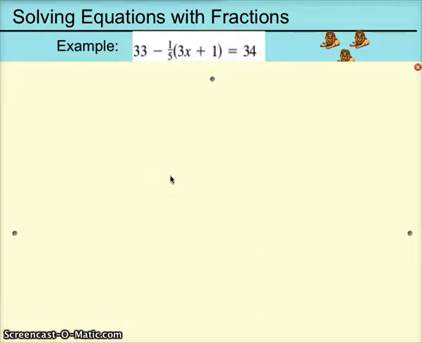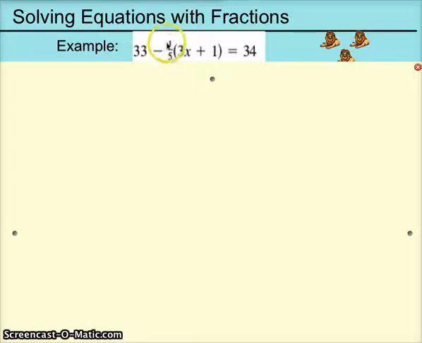33 minus 1/5 times the quantity 3x plus 1 equals 34. Just like on the last slide, the first thing we want to do is distribute the negative 1/5. When you multiply fractions, you just go straight across. So negative 1/5 times 3, which is really 3 over 1: negative 1 times 3, and then 5 times 1.